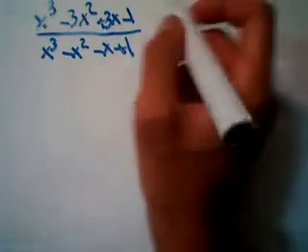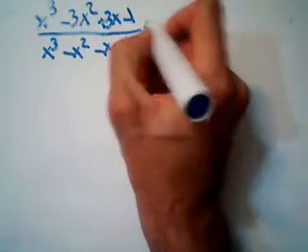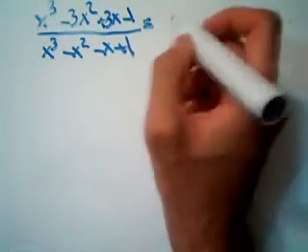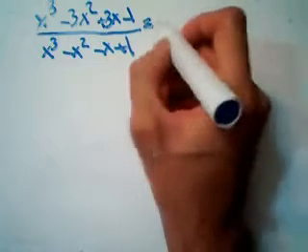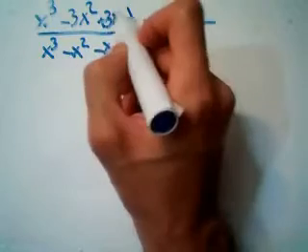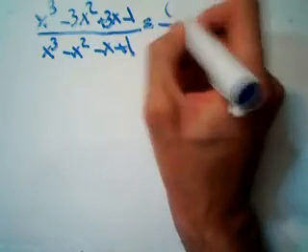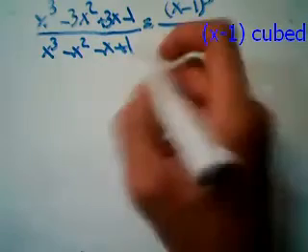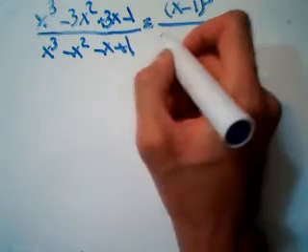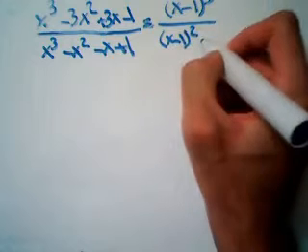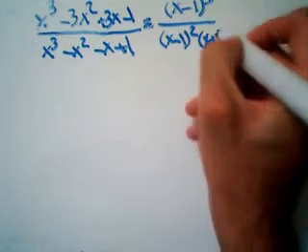Now, let's first factor the numerator and the denominator. After the factorization, this would be equal to (x minus 1) cubed, and the denominator would be equal to (x minus 1) squared times (x plus 1).